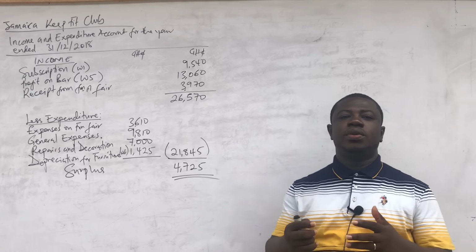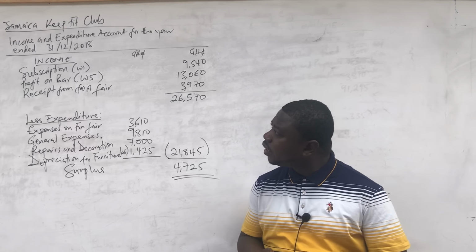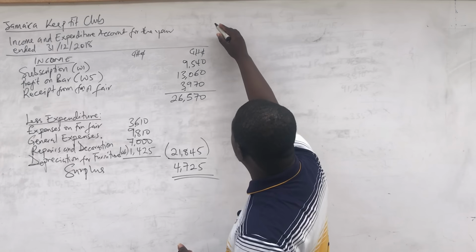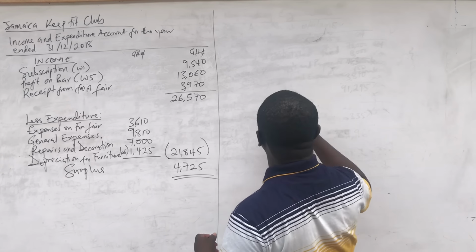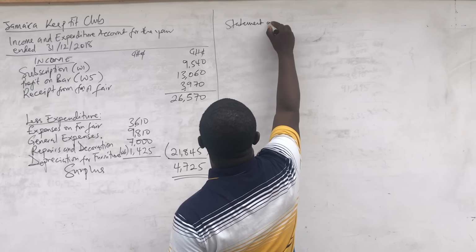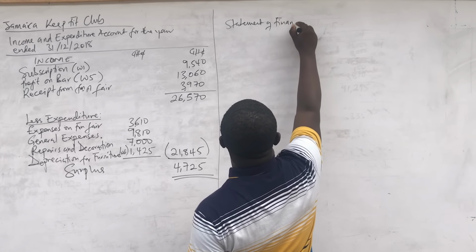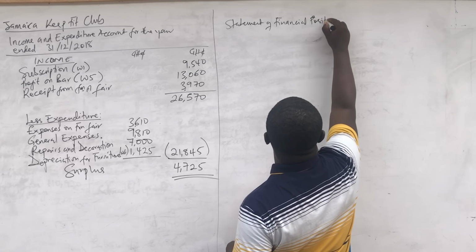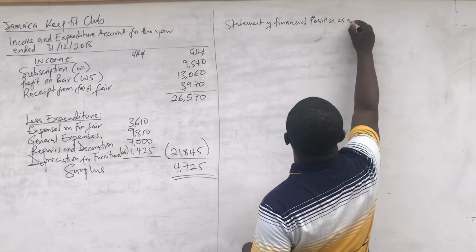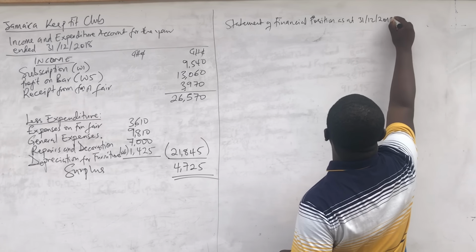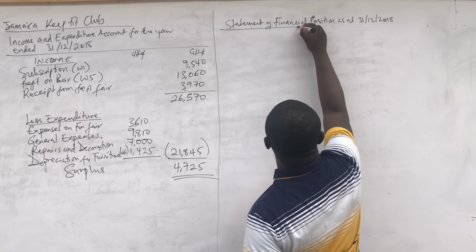All right, so now that we are done with the income and expenditure account, we prepare the statement of financial position, which is the last requirement. Statement of financial position as at 31st December 2018.